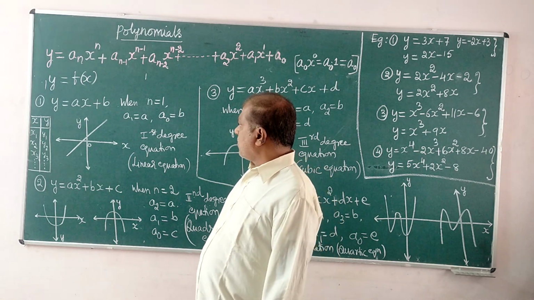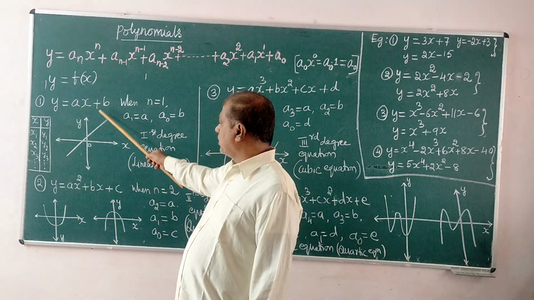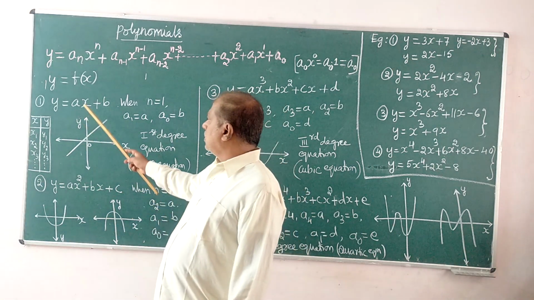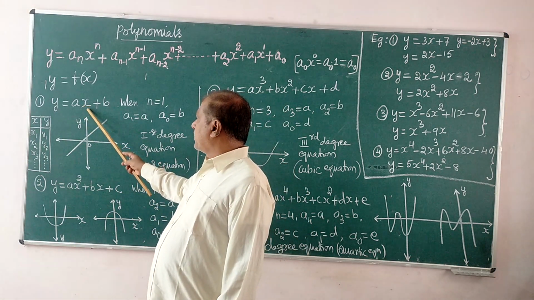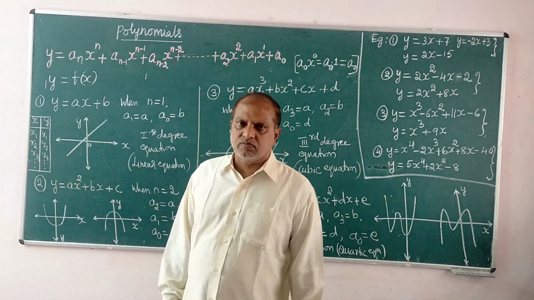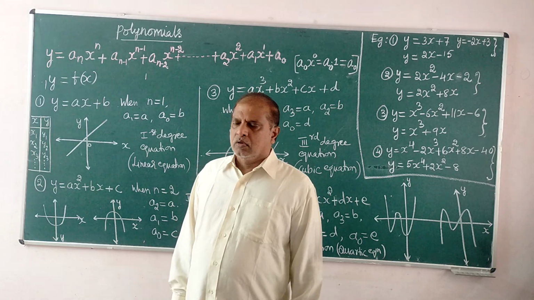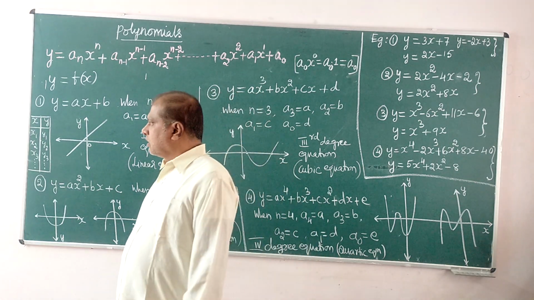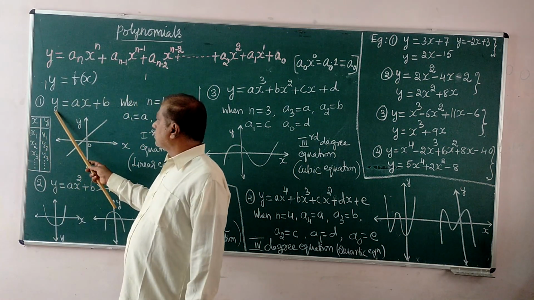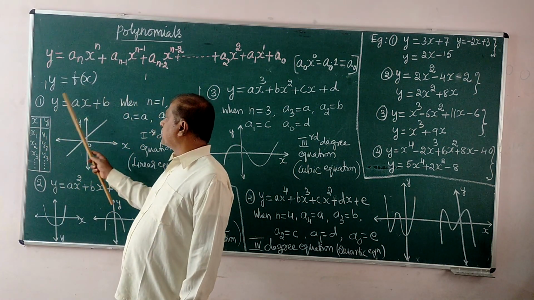Either way, how do you draw the graph for different polynomials? Here, for different set of values, you can choose any set of values of x. Correspondingly, calculate what are the possible values of y in accordance with this equation.